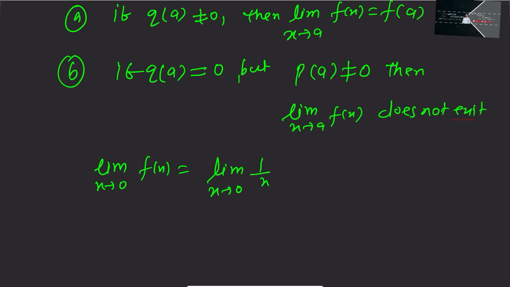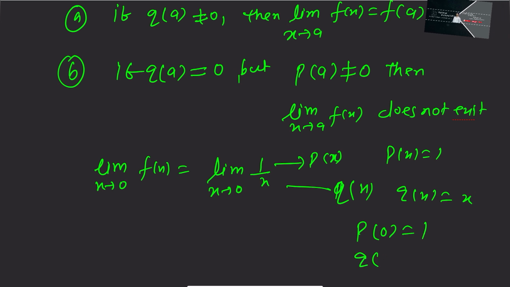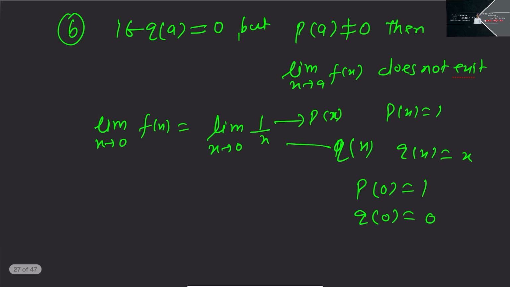Here it is p of x over q of x, so p of x equal to 1 and q of x equal to x. But p of 0 is going to be 1 and q of 0 is going to be 0. So in this case you can see that limit is not going to exist.